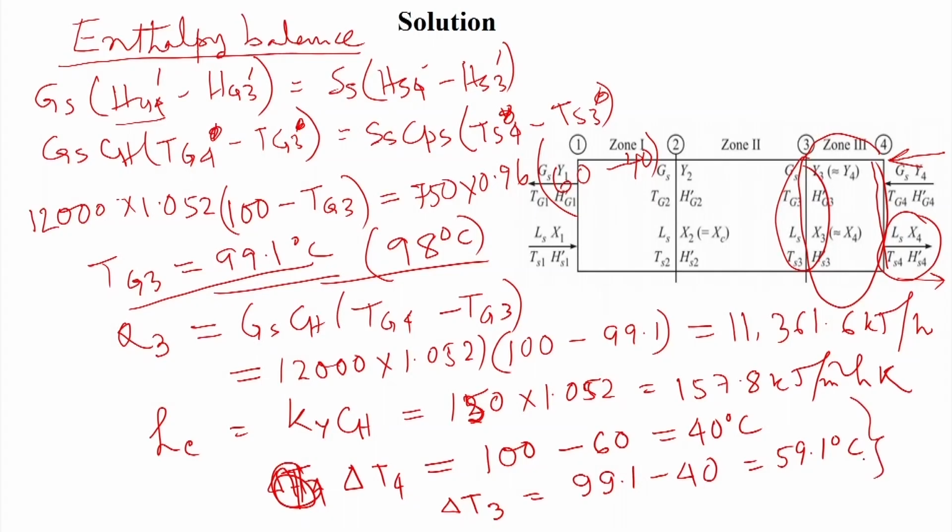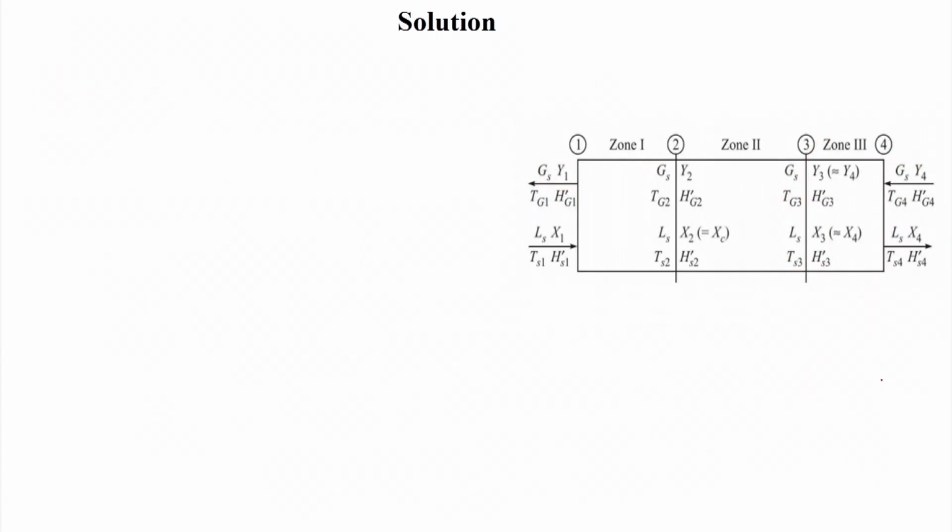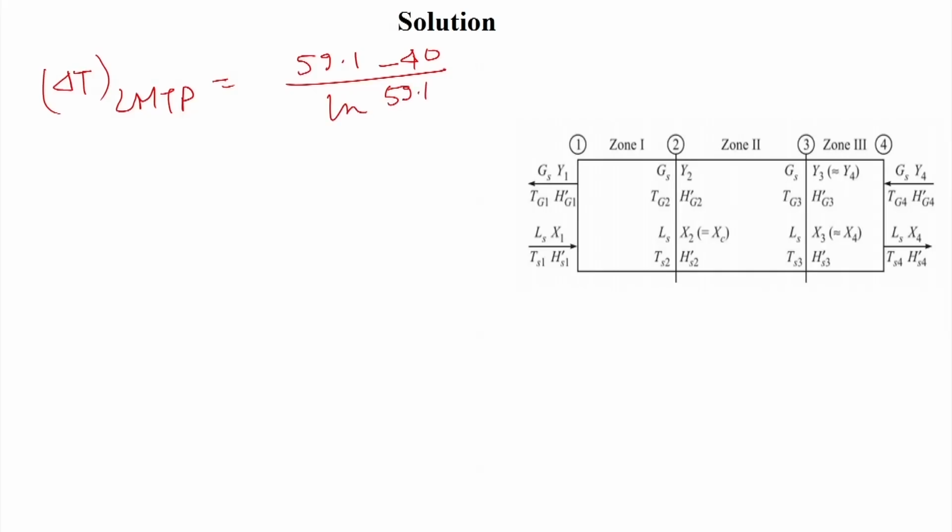So, from here we get the LMTD, delta T LMTD, as 59.1 minus 40 divided by ln of 59.1 by 40. So, this is coming out as 48.9 degree Celsius.